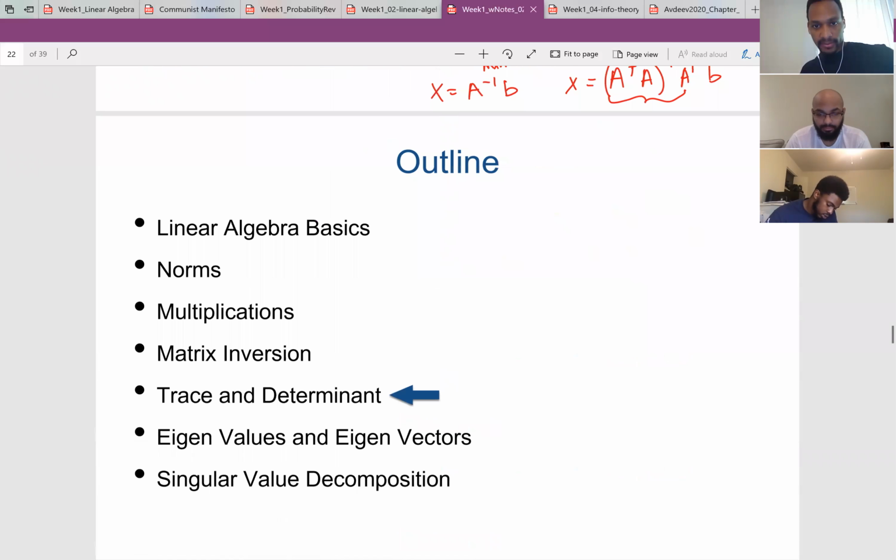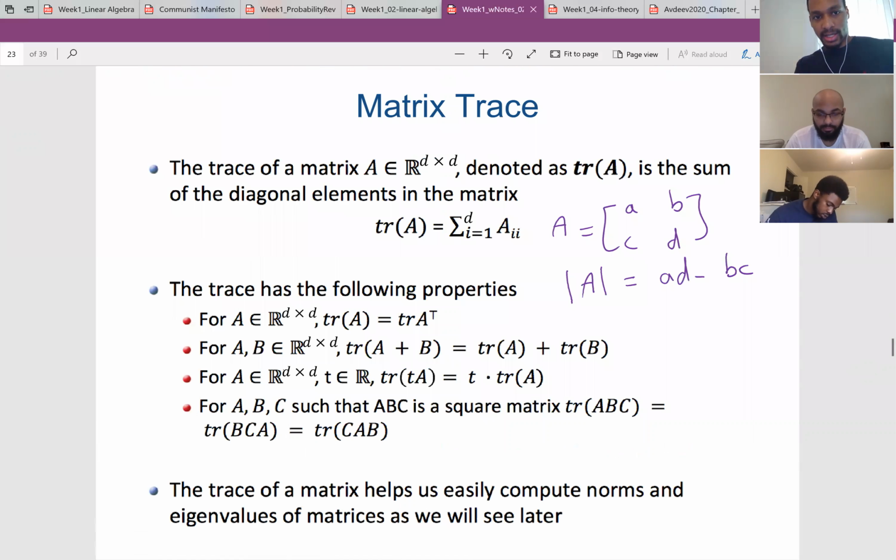Okay, so trace and determinants. The trace of a matrix is the sum of the diagonal elements in the matrix. It has some properties as well. For a square matrix A of d by d, the trace of A is equal to the trace of its transpose.